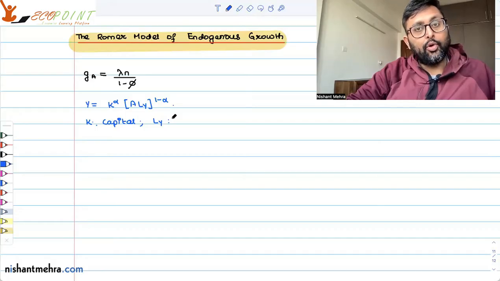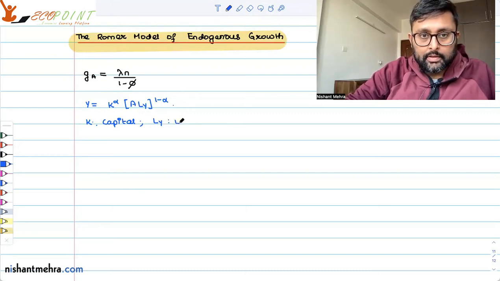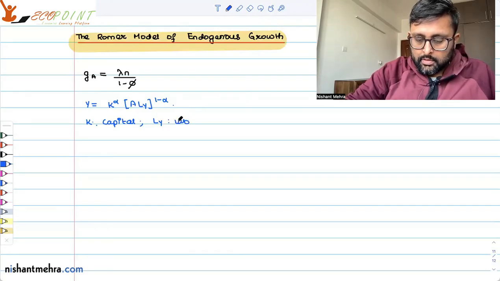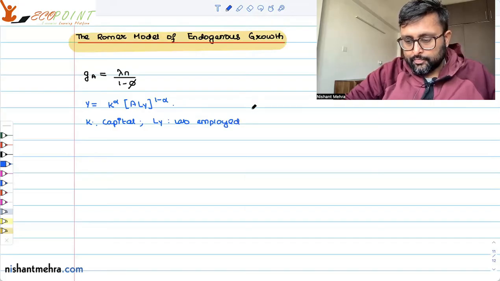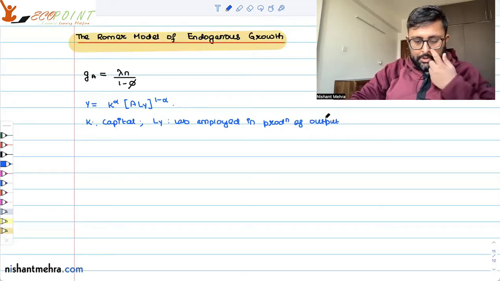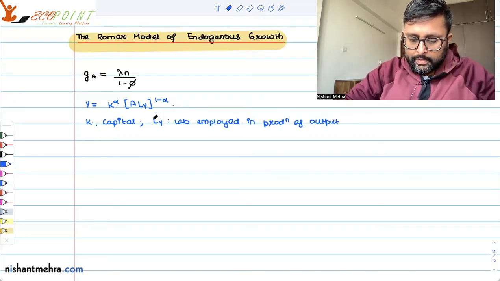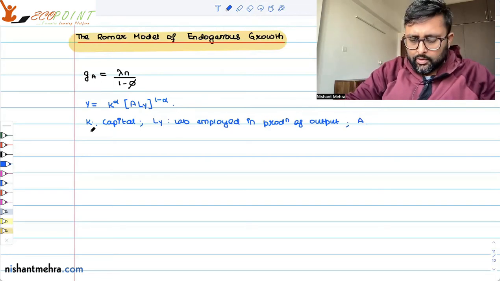L_A is the labor employed in research. A is the stock of ideas or stock of knowledge.